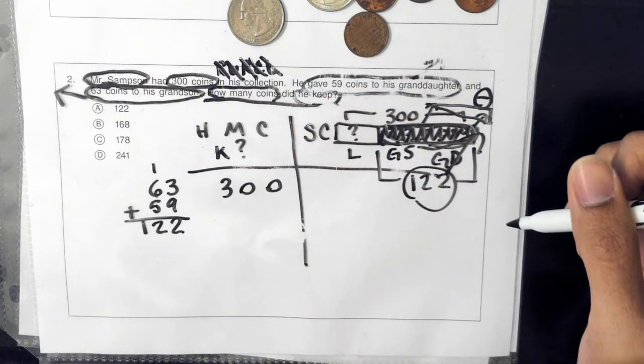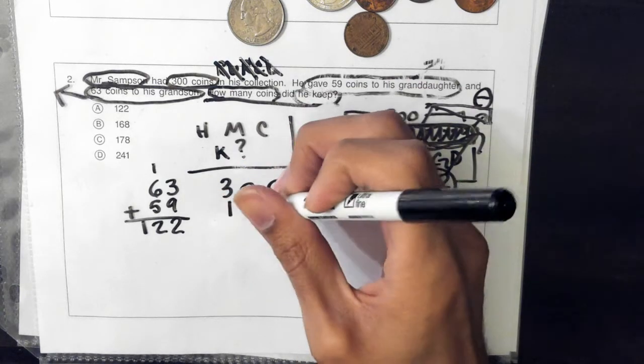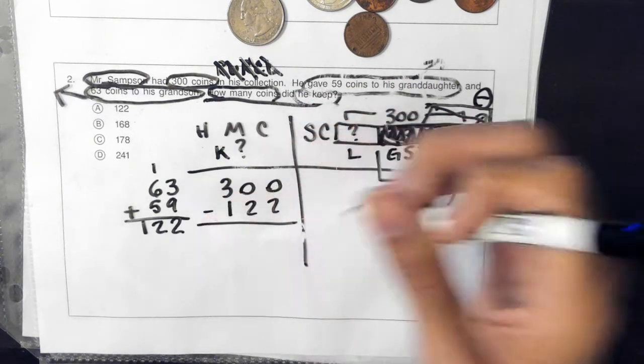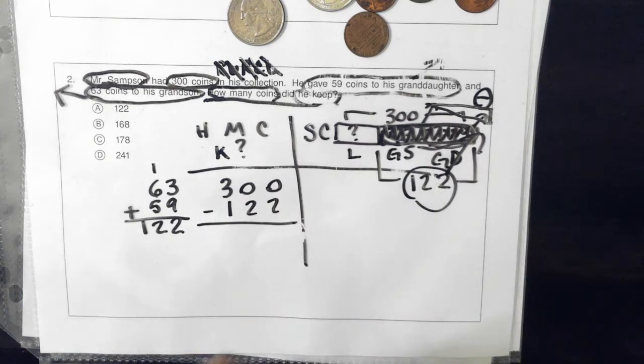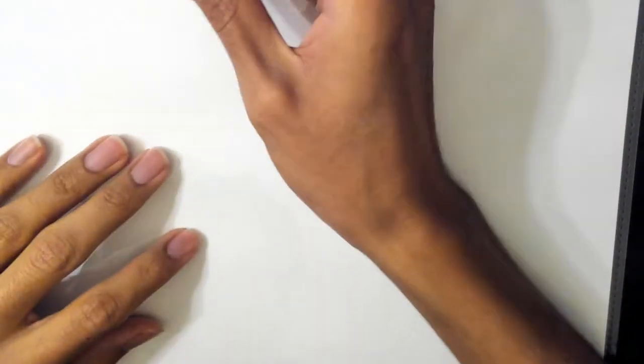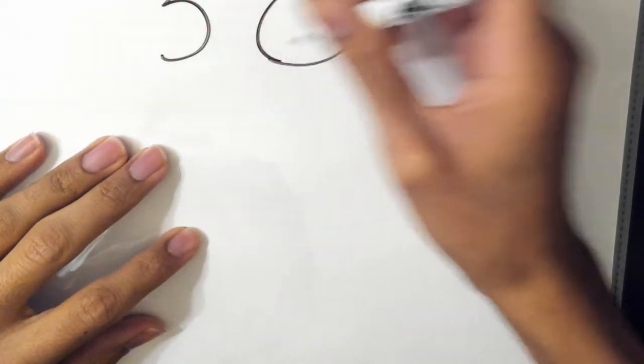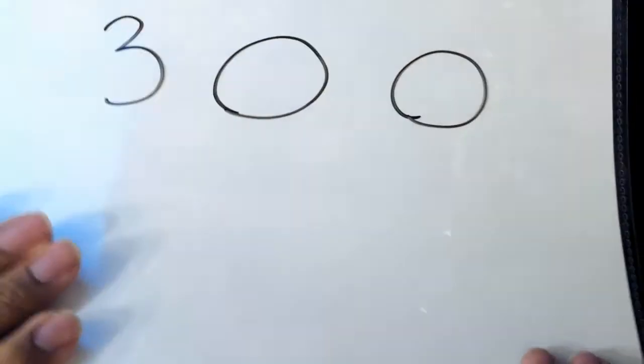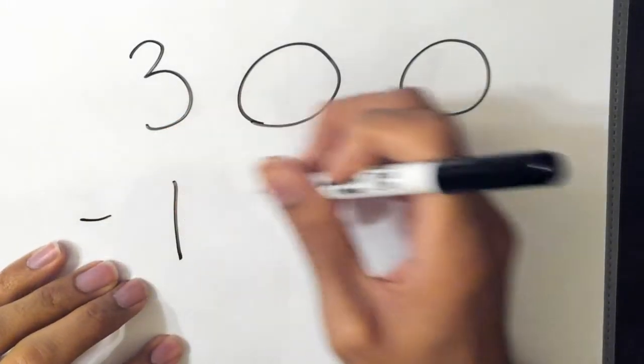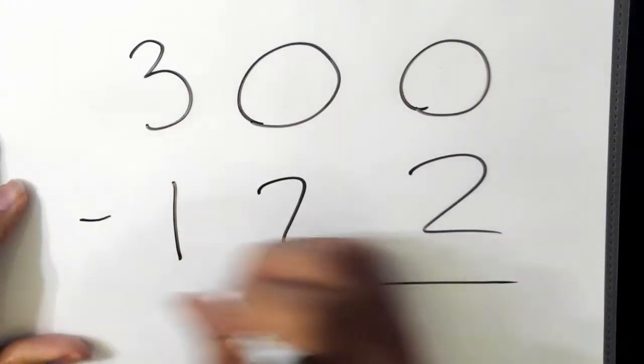When we start from 300, we need to take away 122, and I'm going to show you this problem using my base 10 blocks first, and you can use yours too. So on your table, you can write down 300 really big, take away 122.